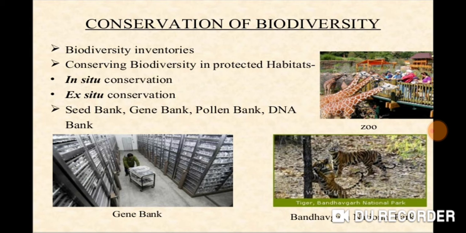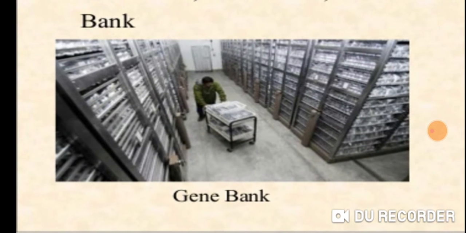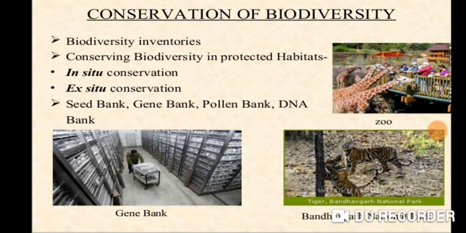So the seed bank, gene bank, pollen bank, DNA bank are in the ex situ conservation category. On the bottom here you can see a gene bank where the seeds, pollens, DNA, genes are secured in a proper way, in a properly designed lab by the government on a larger scale.